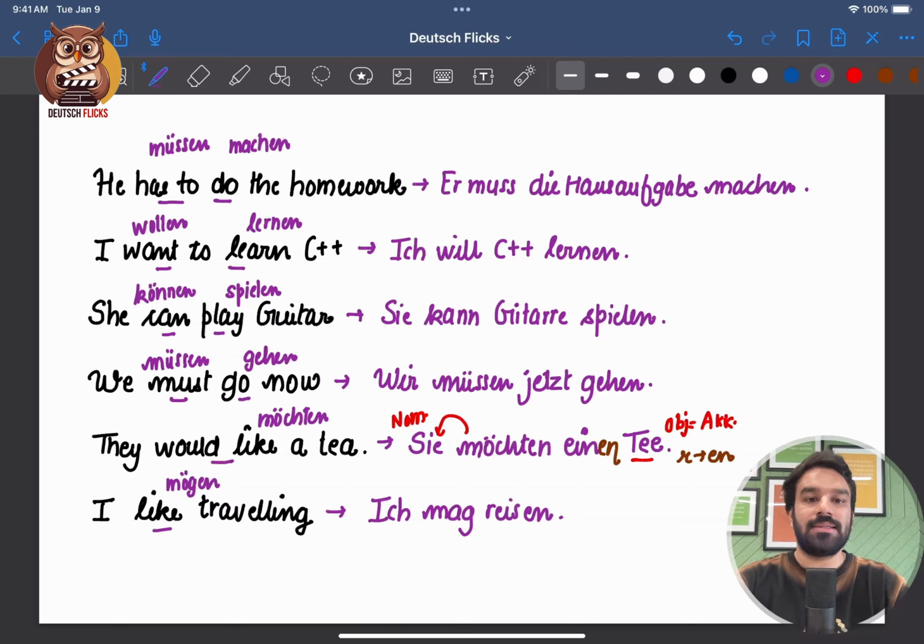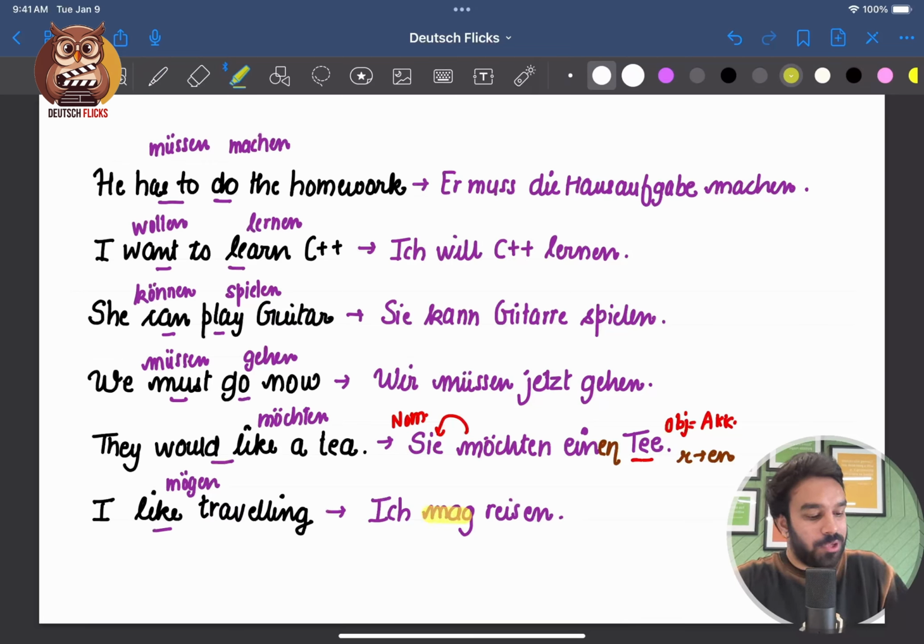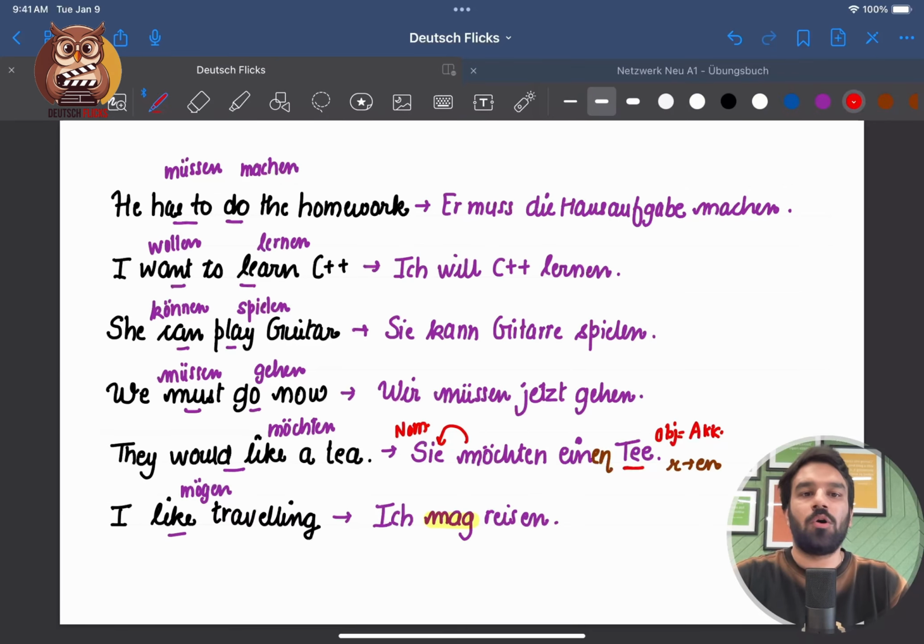Was machen Sie gerne? What do you gladly do? Now you can use the modal verb mögen. And you can say, ich mag reisen, ich mag Gitarre spielen, ich mag C++ lernen, ich mag Deutsch lernen, und so weiter. If you got any doubt, you can let me know in the comment section.